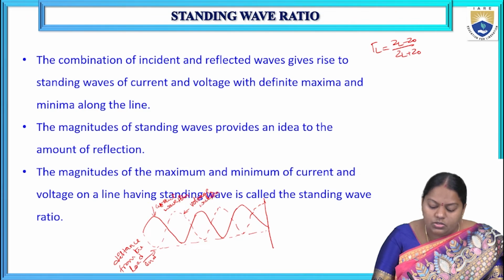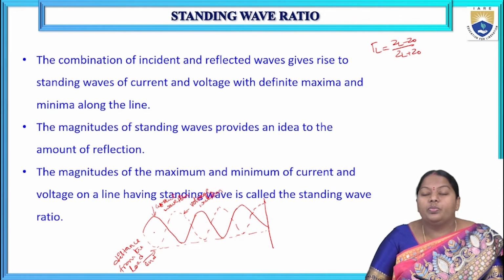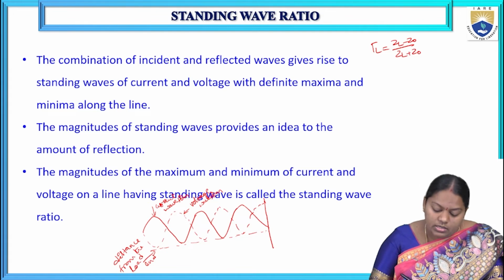If you observe, these two are moving in opposite directions. This length is given as I minimum, and this length is I maximum.